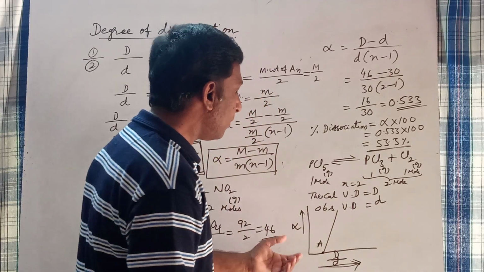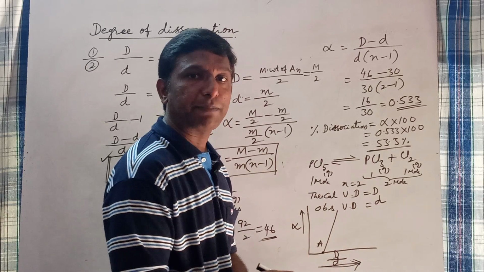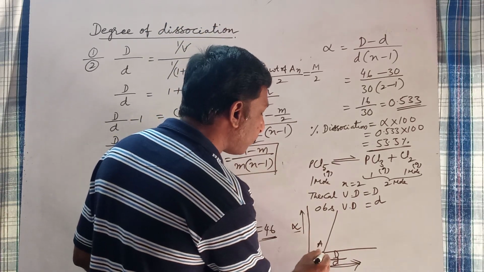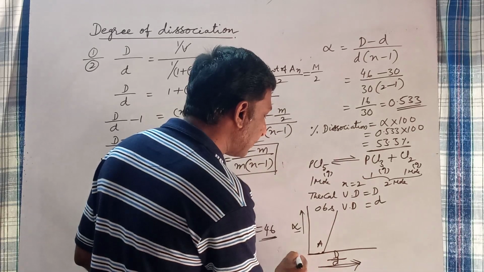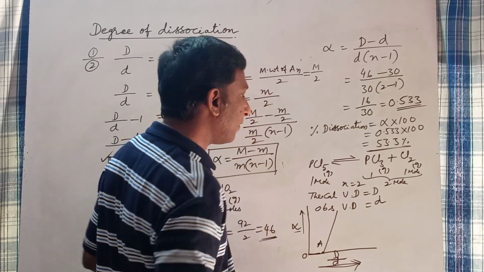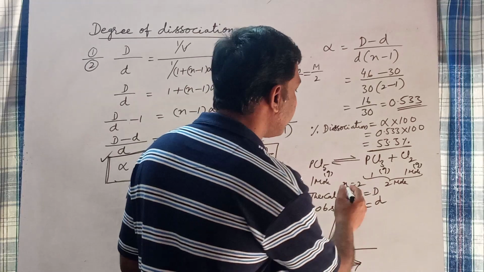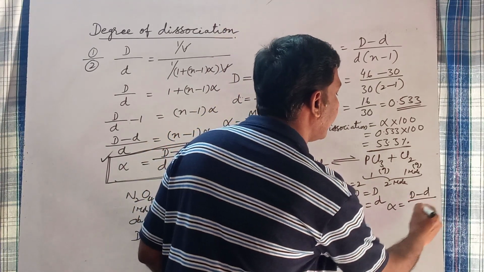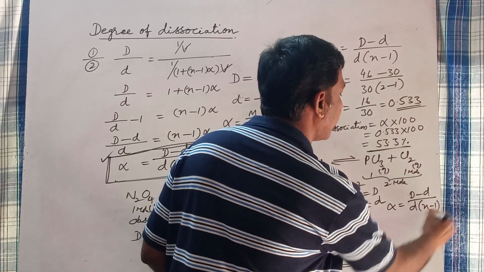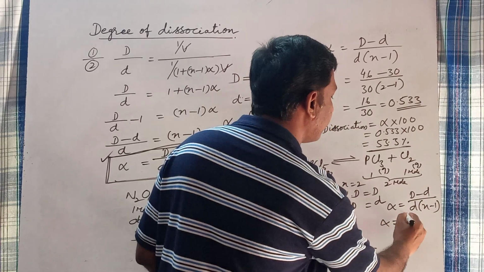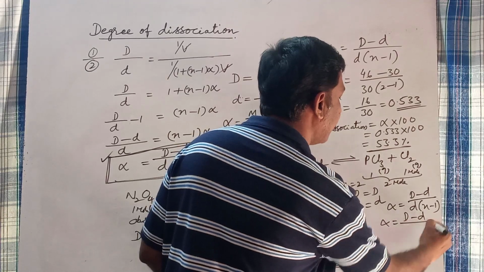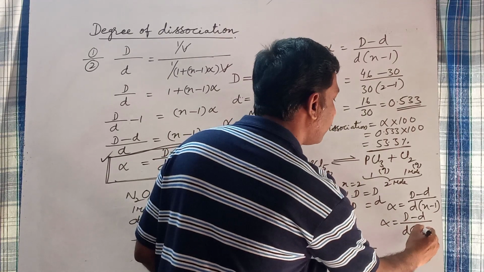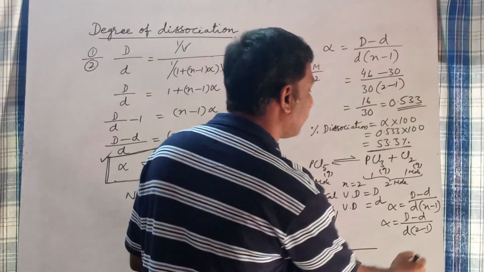Okay. So, how to find out the value of capital D by small d at the point A? The alpha value corresponding to the point A is origin, 0. So, you can write alpha equal to capital D minus small d by small d into n minus 1. So, alpha equal to D by small d minus 1, where n is 2 minus 1, since here 1 mole is converted to 2 moles.